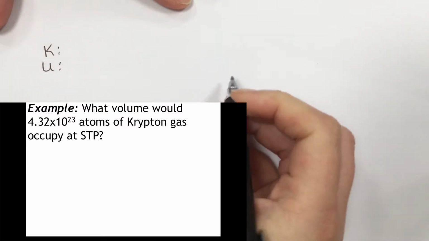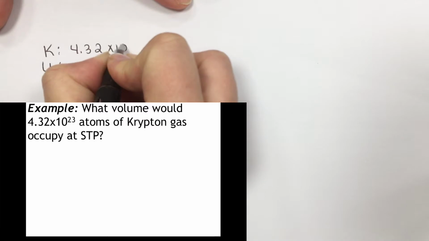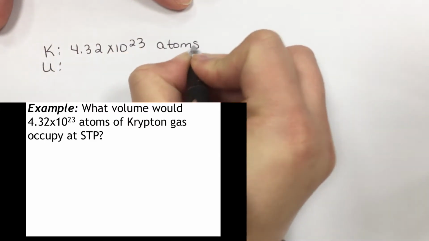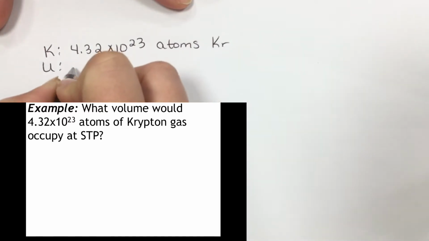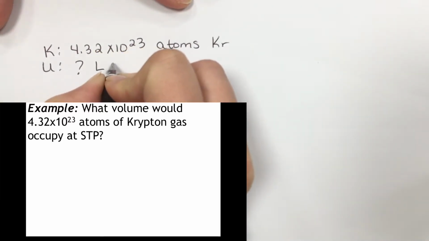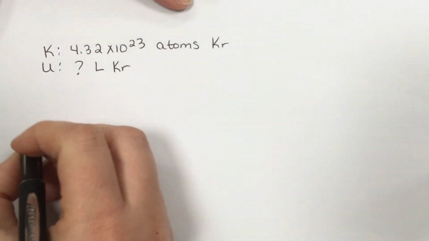The known is what they give us in the question, so 4.32 times 10 to the 23rd atoms of krypton gas. And our unknown is what volume of krypton. Volume is in liters.